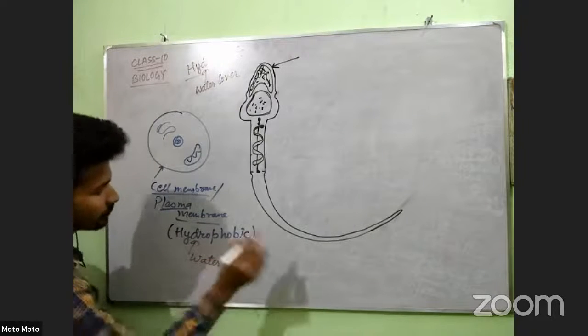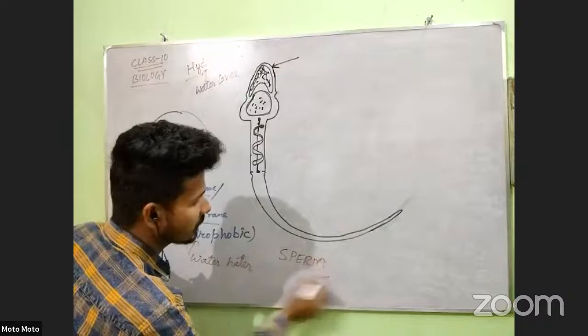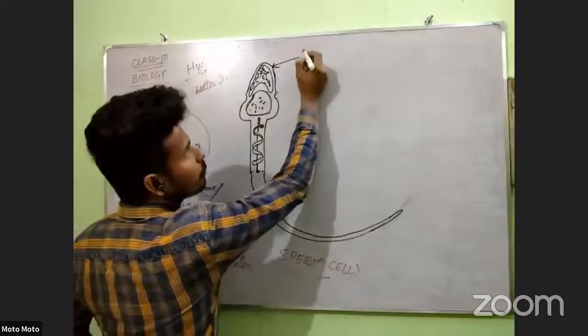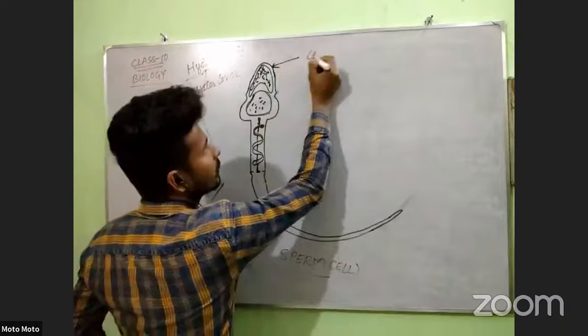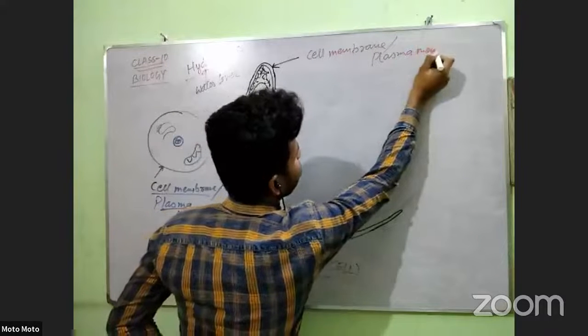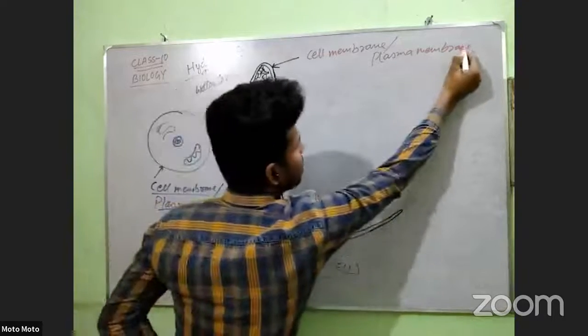Now we will come to the structure of sperm. This is the sperm cell. The sperm cell has an outermost covering, as we talked about, the cell membrane or plasma membrane.